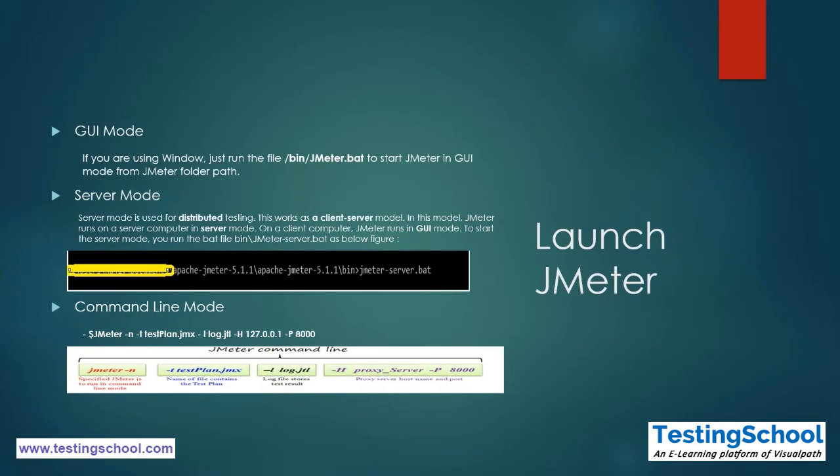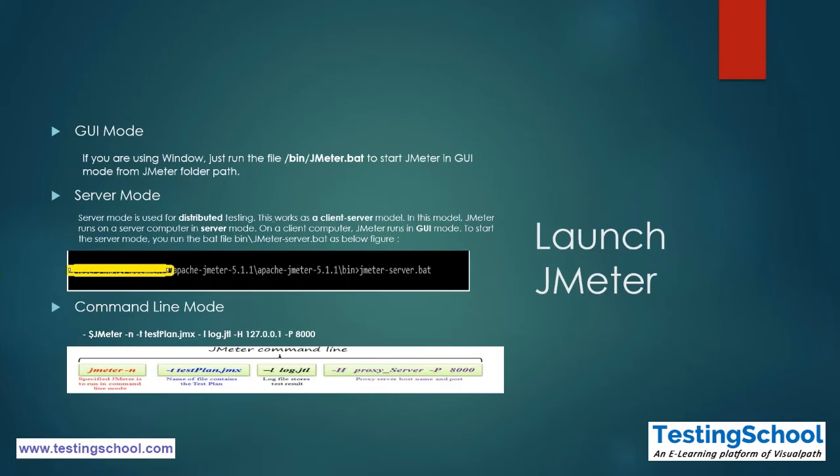Inside that, there will be one file named jmeter.bat. You just have to double click on that, and it will open JMeter in GUI mode, that is graphical user interface mode, where you can actually see the test plan open, and depending upon your requirement, whether you want to record any script or you want to open any existing script, you can do that as well. We will see those things in the latter part of the tutorial.